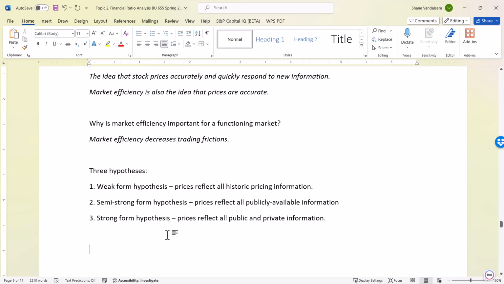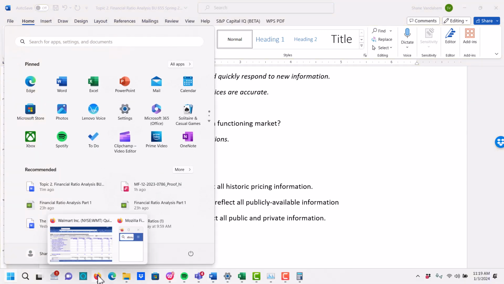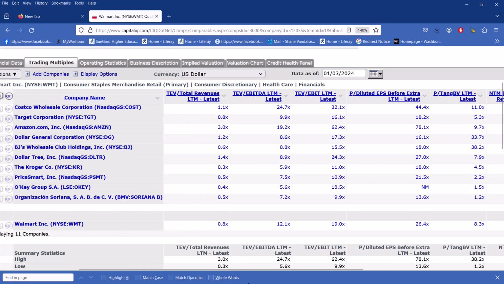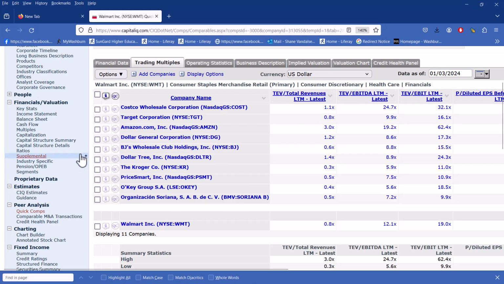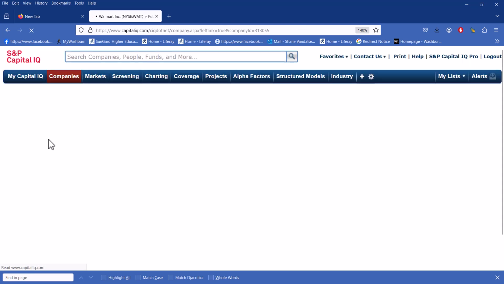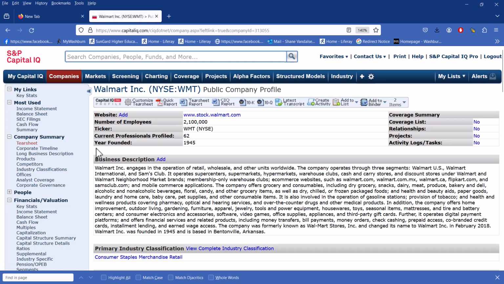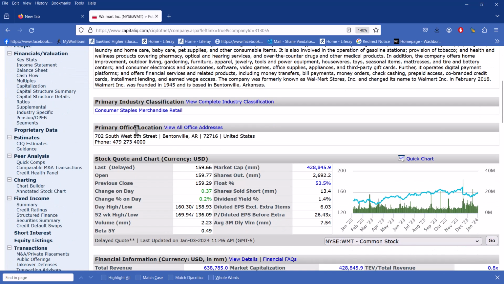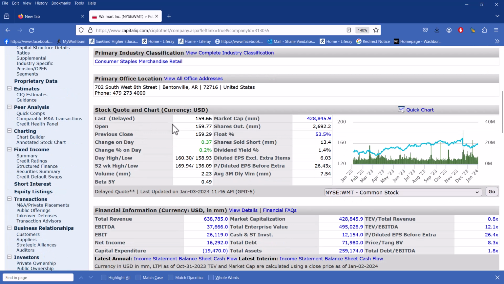So I'm just going to go out and pull up a stock price for you. So we've got Walmart here. So I'm just going to go out to their tear sheet and take a look at what the current price is as of the day I'm looking at this, which is January 3rd. So right now, the stock price for Walmart is $159.66 per share. So that represents what an investor is currently paying for a share of Walmart stock.